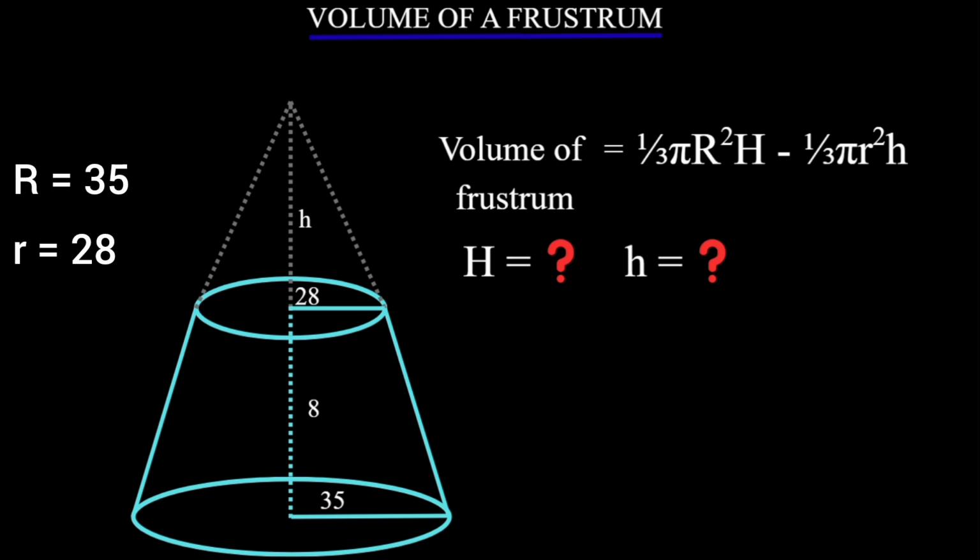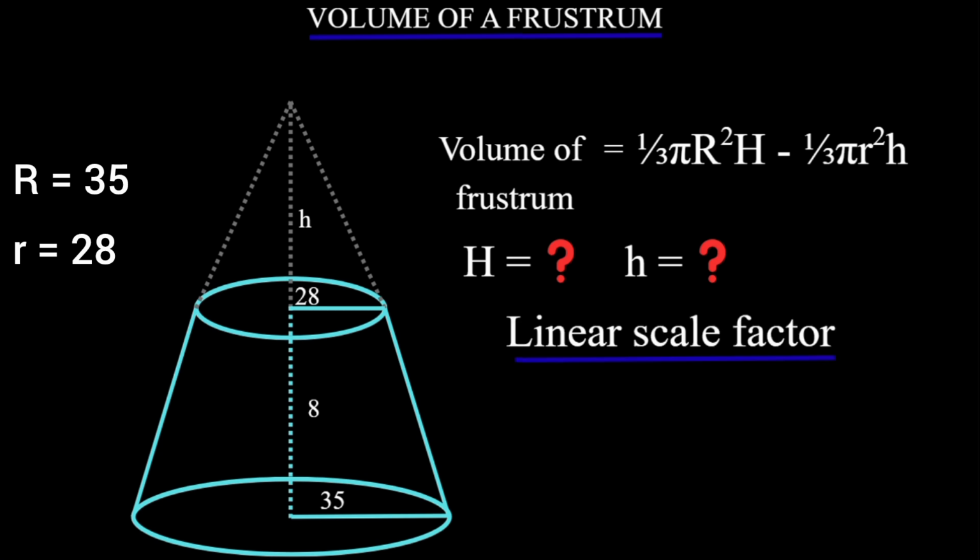For us to do that, we are going to apply the linear scale factor, that is between the heights and the radiuses. So we shall say small h over capital H should be equal to small r over capital R. Now our small h is just small h.